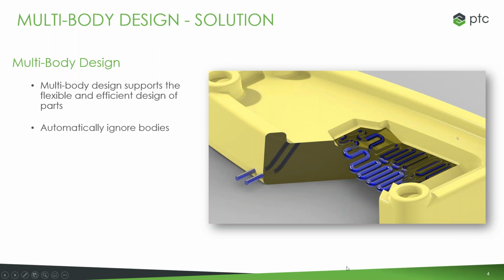And you'll see the ability to automatically ignore construction bodies, right? You can actually create whole parts that you can just define as a separate body, and then your bill of materials will be able to take advantage of that.